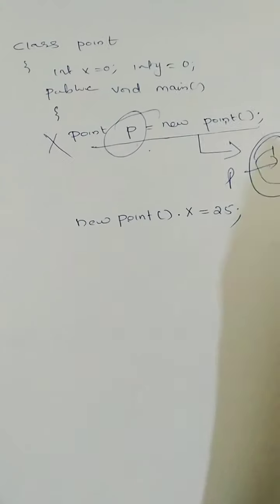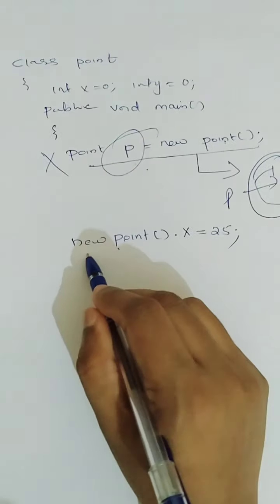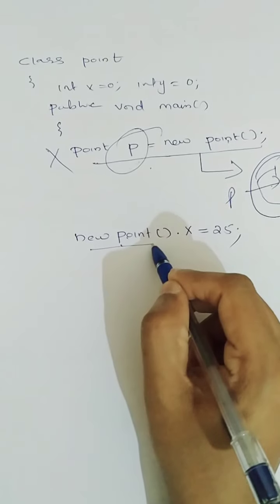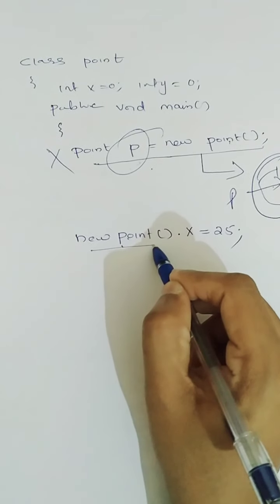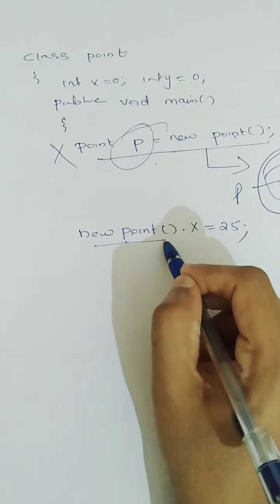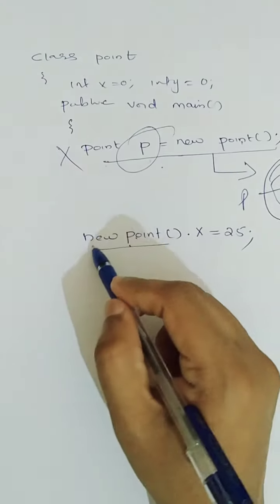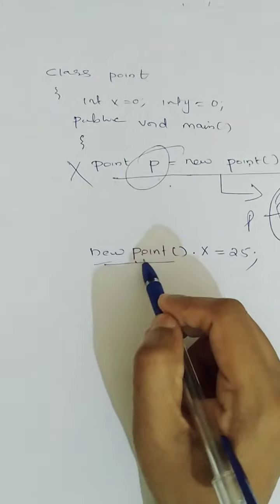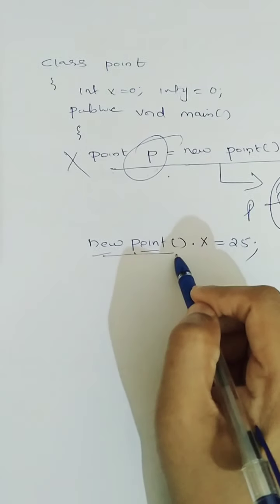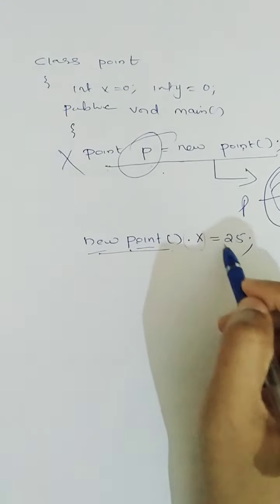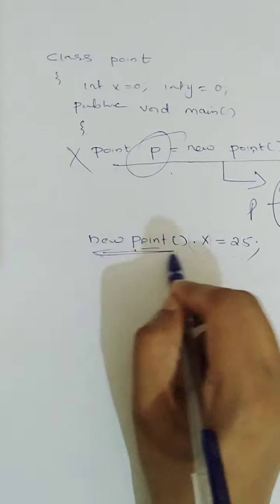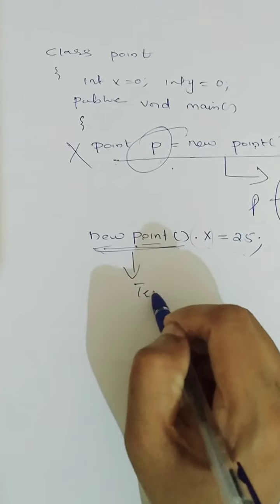What I am doing is creating the object temporarily. See, I have not created a variable and I have not used any class type. I have simply used the new keyword, then the Point class name and .x. x is an instance variable, and I assigned a value. This is known as a temporary instance.